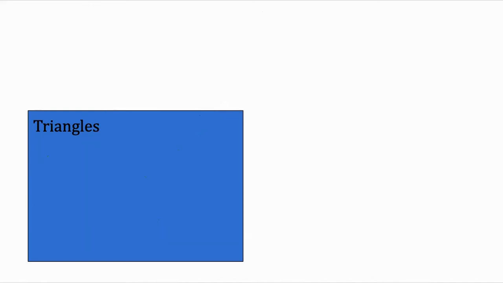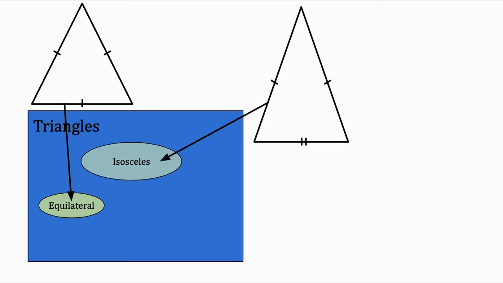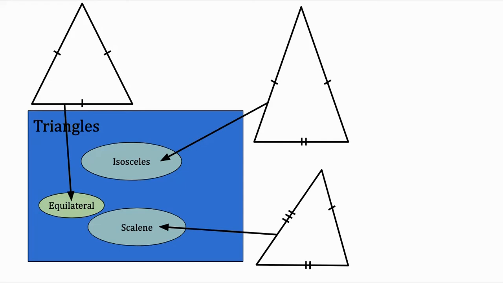When it comes to classifying triangles by their side lengths, equilateral triangles' side lengths are all equal. An isosceles triangle has 2 out of 3 side lengths equal, while scalene triangles' side lengths are all different. Notice the hatch marks show you which sides are equal and which sides are different.